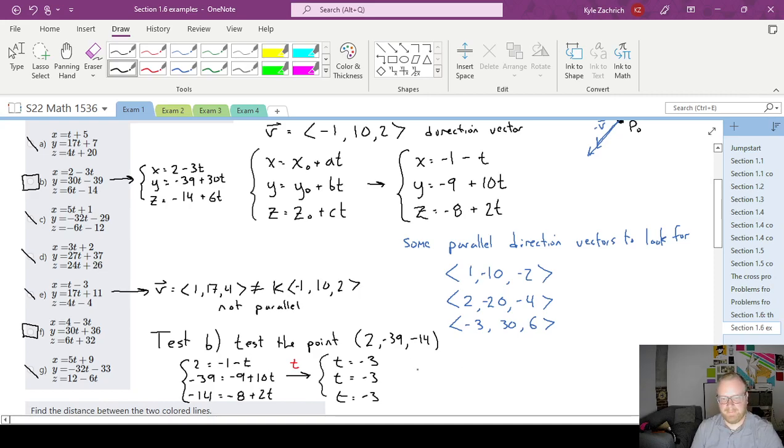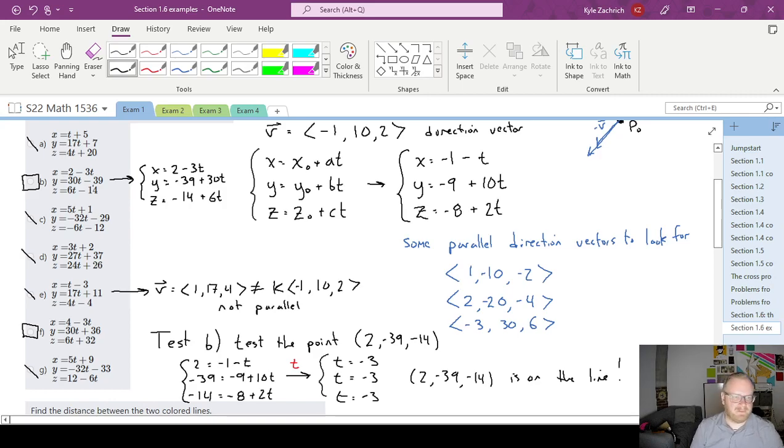So looks like that point is on the line. We took care of our direction. We took care of our point on the line.